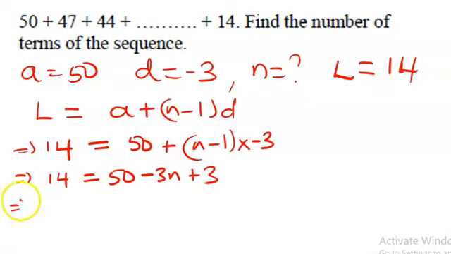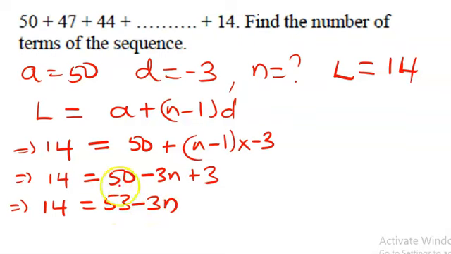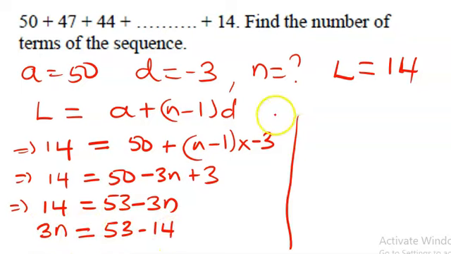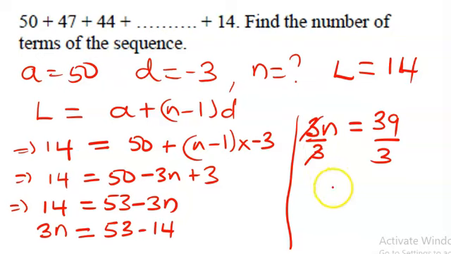So 14 is equal to 53 minus 3n. We can bring this one to this side. So 3n is equal to 53 minus 14. 53 minus 14 is equal to 39. Then we divide both sides by 3, and we get n to be 13. So the 13th term will give us that 14.